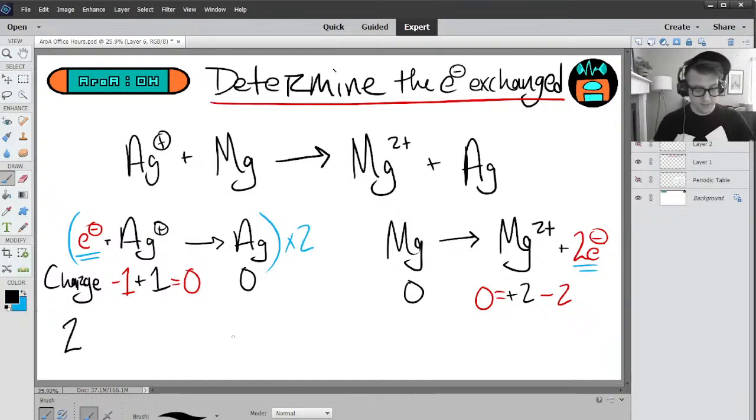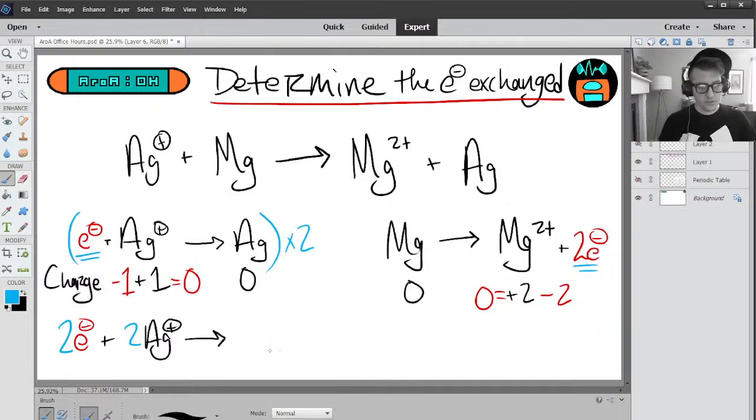This would give us, let's keep our colors consistent here, 2 electrons react with 2 silver cations to produce 2 silver atoms.